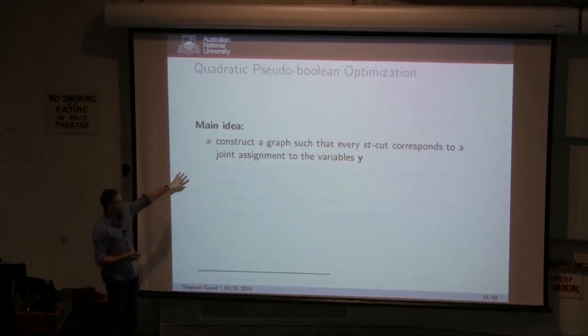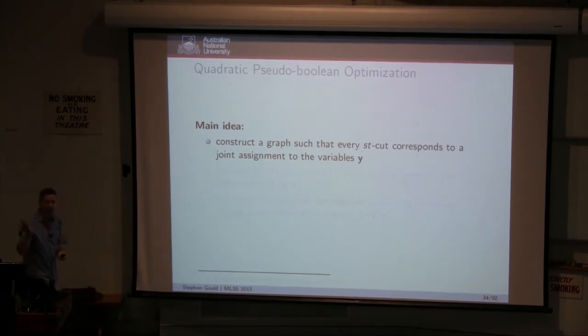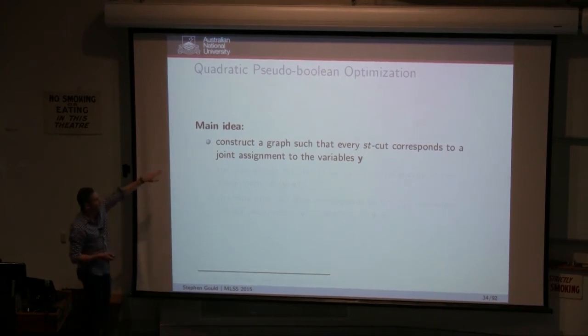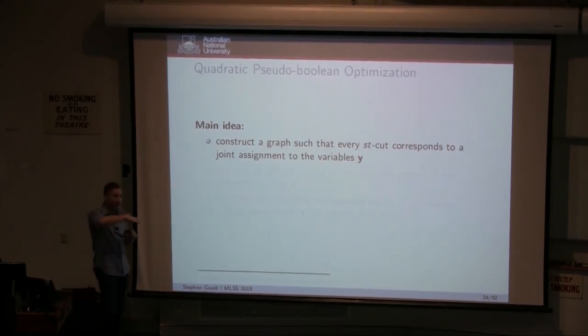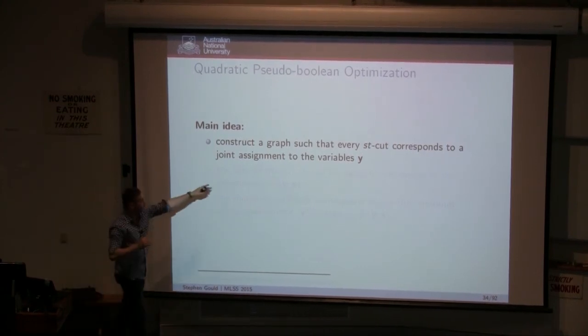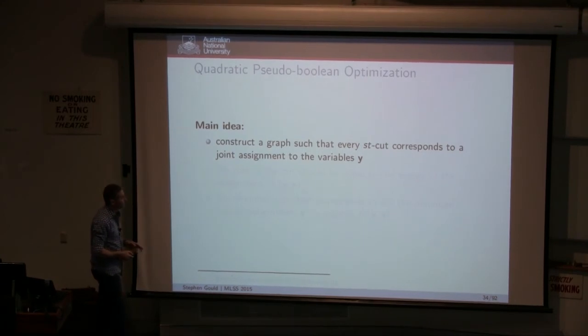All right, so here's the main idea of how we're going to use graph cuts to solve our inference problem in a binary Markov random field. What we're going to do is first construct a graph such that every ST cut in the graph corresponds to an assignment to the variables in our model. Okay, so every partitioning of nodes into an S set and a T set is going to correspond to an assignment to the variables.